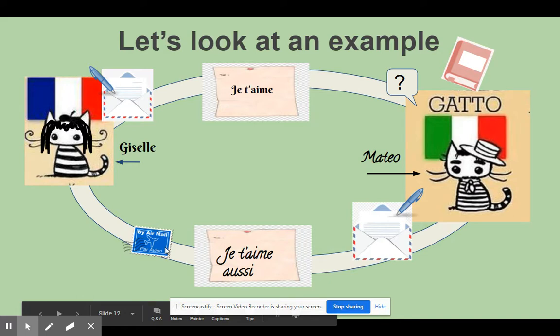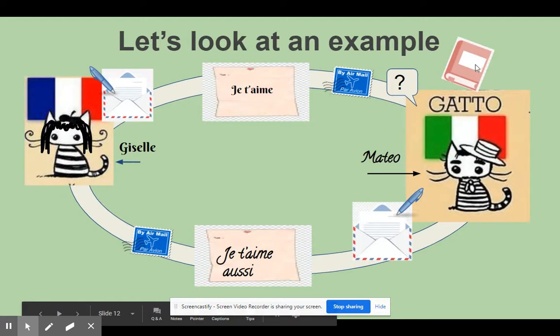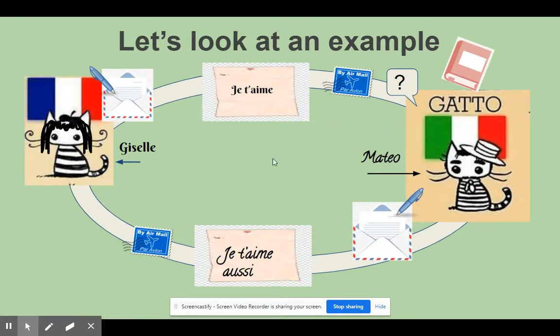The airmail, because they live in different countries, delivers the mail and she receives it. She is able to understand what he means because she speaks French. So our problem here, our interference or noise, is we don't understand French. So decoding it uses the dictionary.